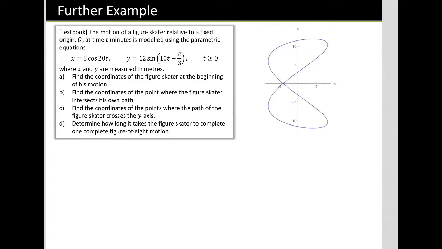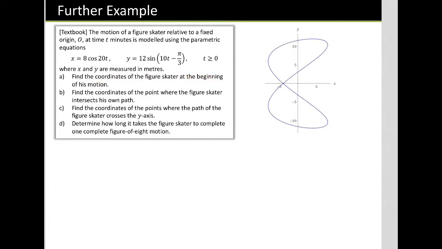So the motion of a figure skater relative to a fixed origin O at time t minutes is modelled using parametric equations. Lucky figure skater. I bet that figure skater, he or she is brilliant at maths, where x and y are measured in metres. Find the coordinates of the figure skater at the beginning of this motion.